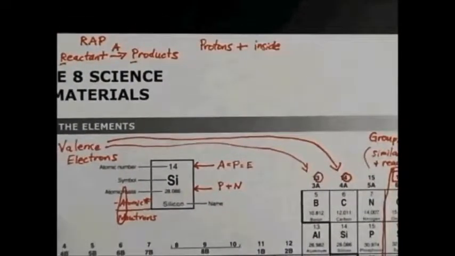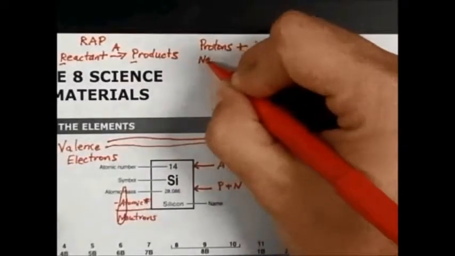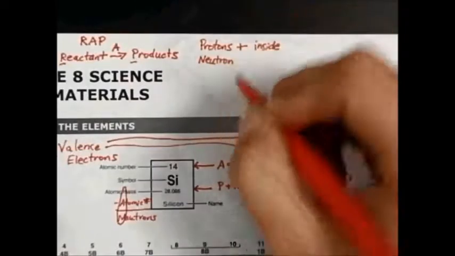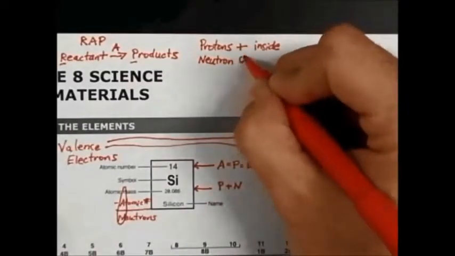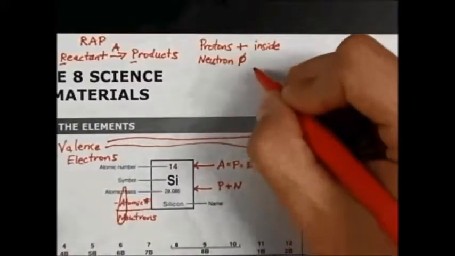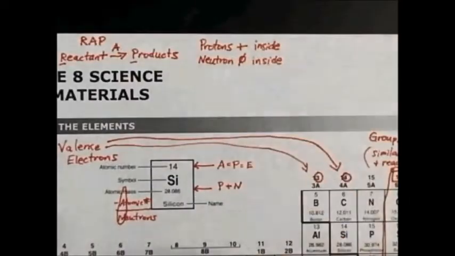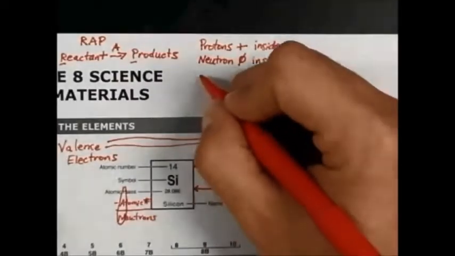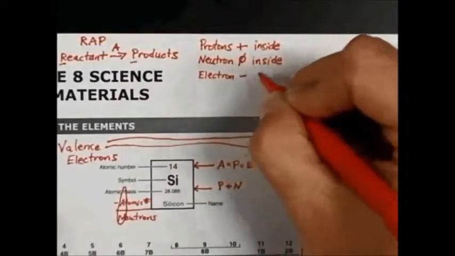All right. And then next we have a neutron, which is a negative charge, or no charge, or a neutral charge. And they are found inside the atom as well. And then the electron, which is negative and found outside the nucleus.